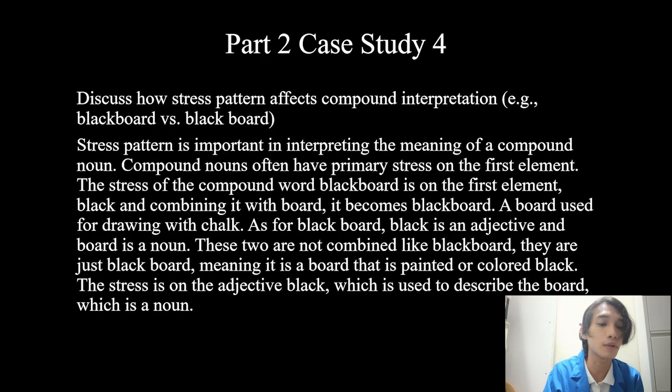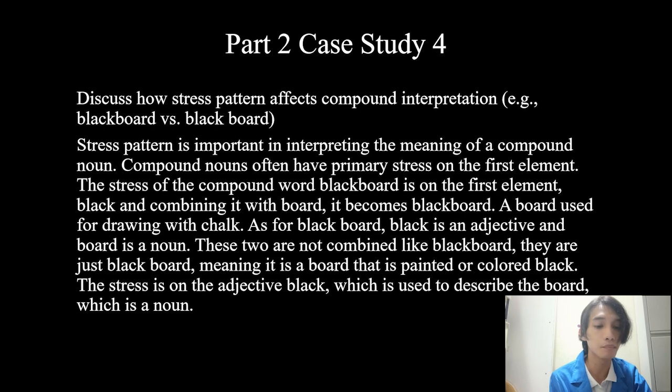Then discuss how stress pattern affects compound interpretation. For example, blackboard versus black board. Stress pattern is important in interpreting the meaning of a compound noun. Compound nouns often have primary stress on the first element. The stress of the compound word blackboard is on the first element, black, and combining it with board, it becomes blackboard, a board used for drawing with chalk.